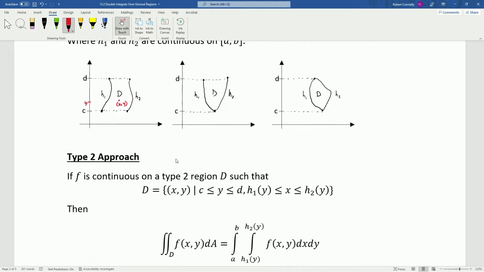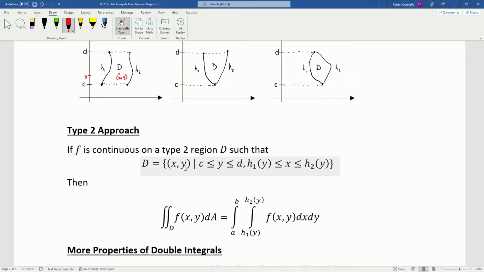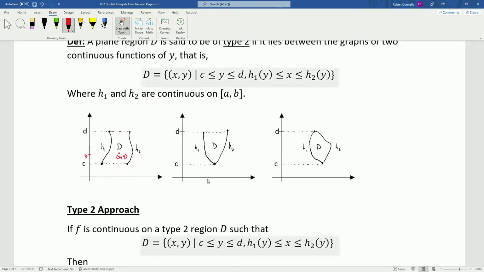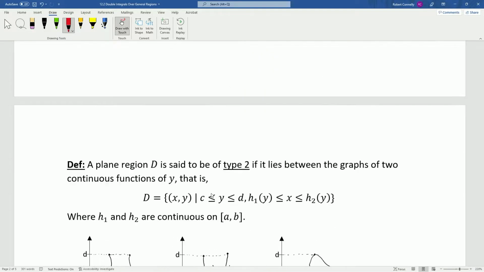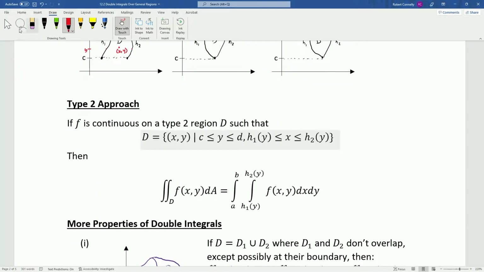So for type 2 approach, we just change our integration order here, right? So here we integrate from a to b. That should be c to d. Yeah, let's fix that. Another typo, so that should be c to d.